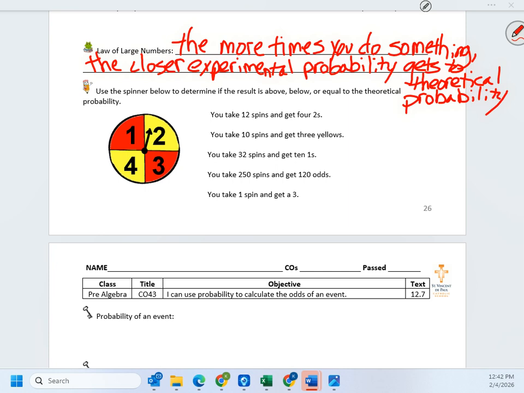You might get lucky and win a couple of times, but the odds are against you. Probability-wise, the more times you do it, the closer you're going to get to losing and the house winning. So if you get really lucky at a casino, take your winnings and walk away. Because the more times you do it, the more times you're going to fail and you're going to lose.